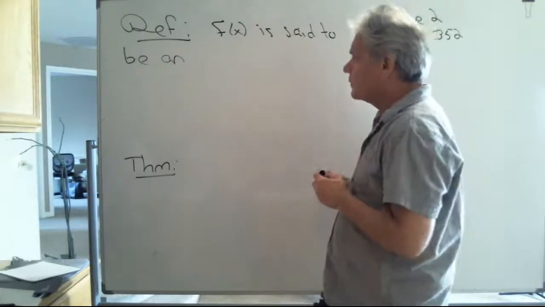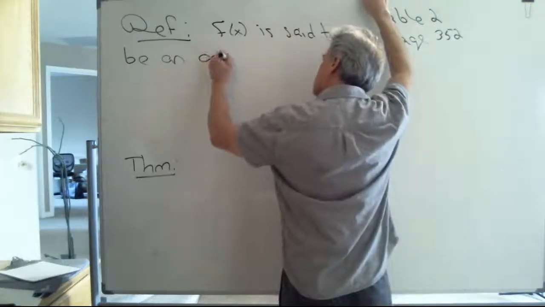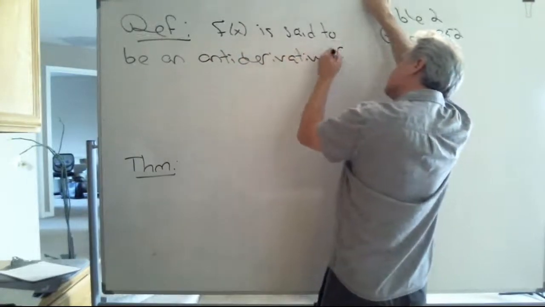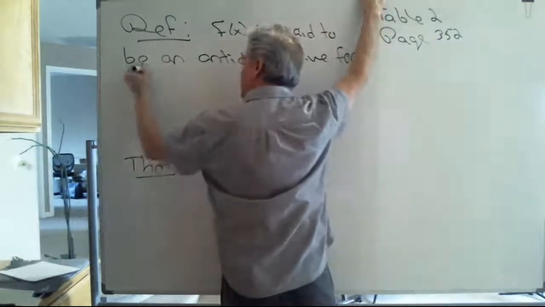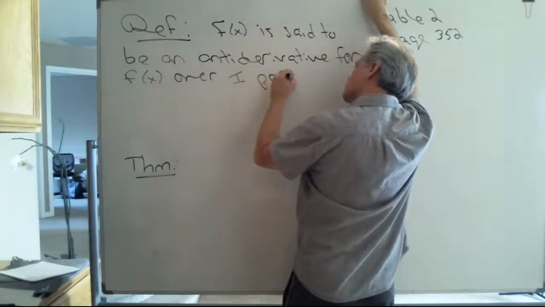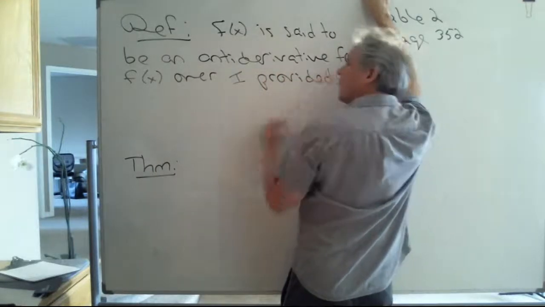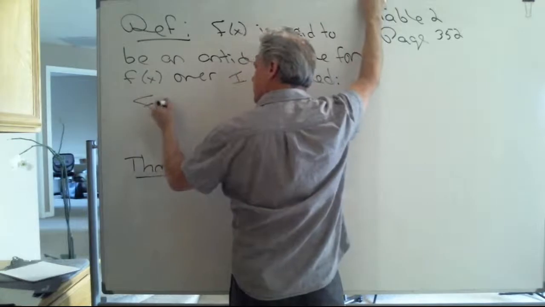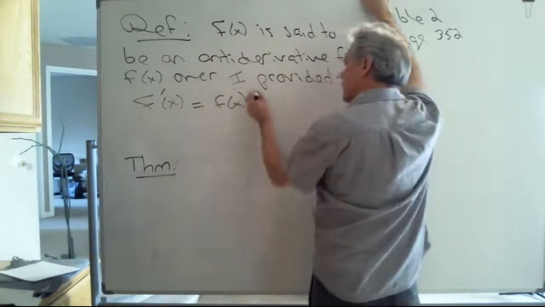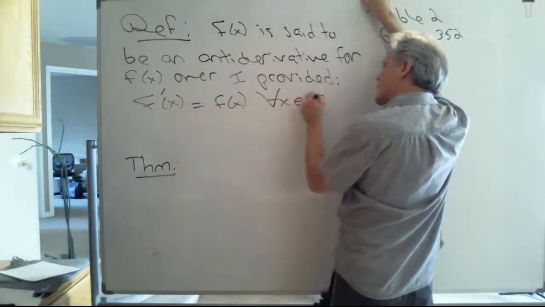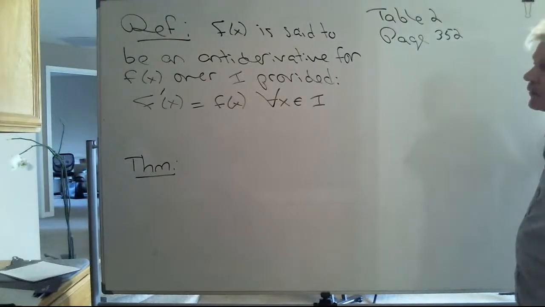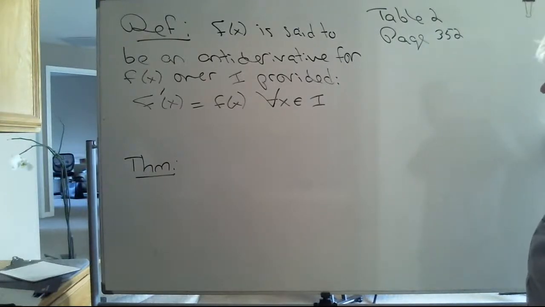We will say that it is an antiderivative for a lowercase f of x over some interval I, provided that uppercase F of x has its derivative being equal to f of x for all values of x in that interval I. Now, I don't typically concentrate on the interval I, because I typically concentrate on just the domain of the function, but to be formal with my definition, I put it in.